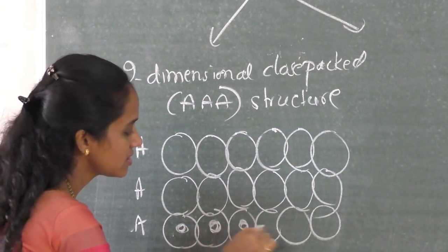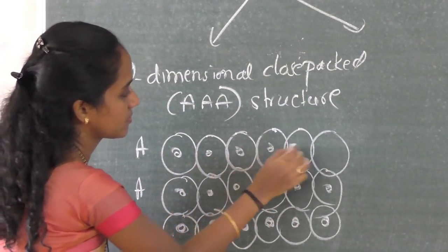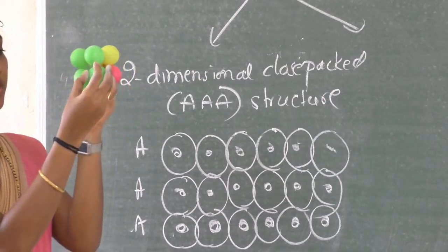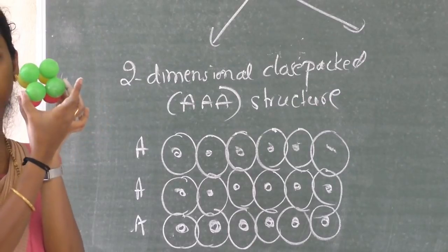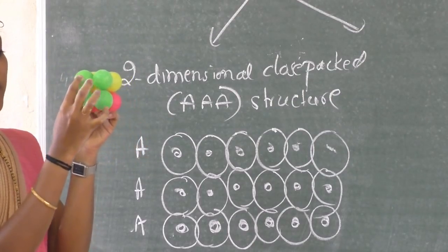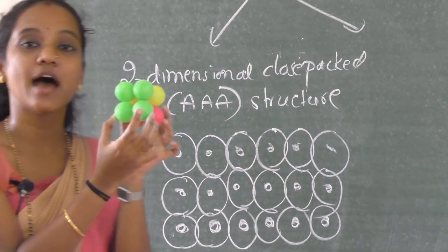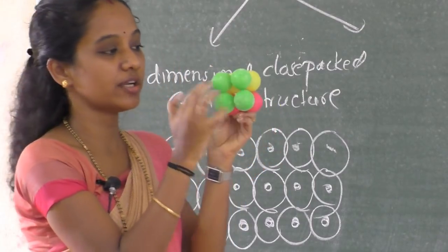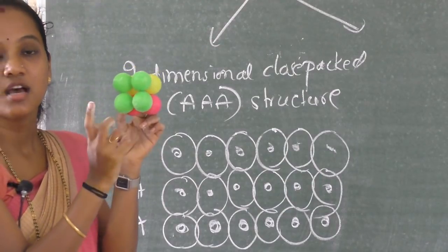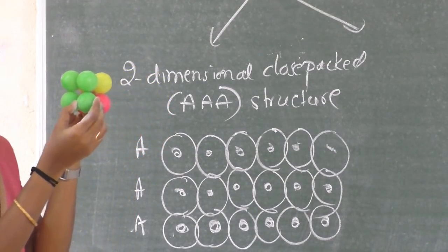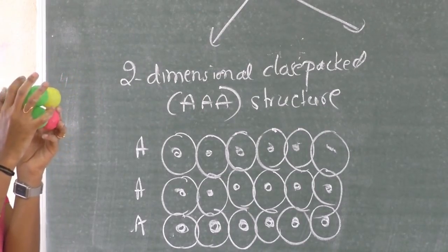So I'll consider this is a second layer. So we will get a three-dimensional square close packing, which is also known as cubic close packed structure, and its primitive cell is a simple cell. What is a simple primitive unit cell? Having the constituent particles only at the corners. So it will be continued in all three directions, and we get the entire crystal lattice as a cubic crystal lattice. Clear?